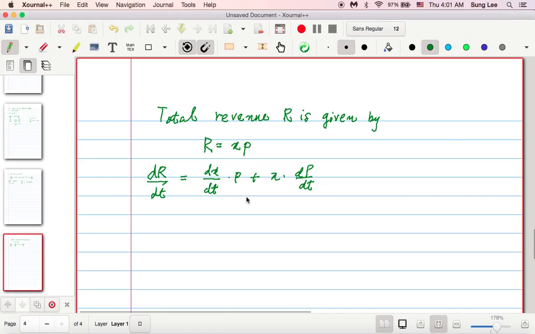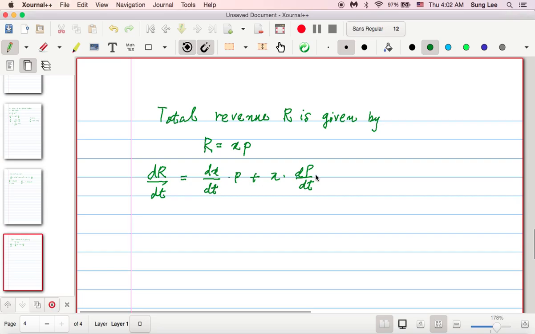Actually, in this case, we don't need the chain rule, because x and p are both linear. We just need the product rule.